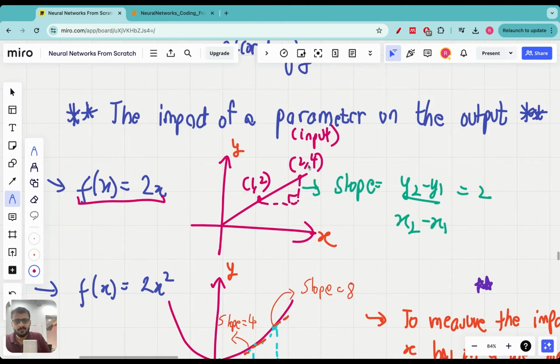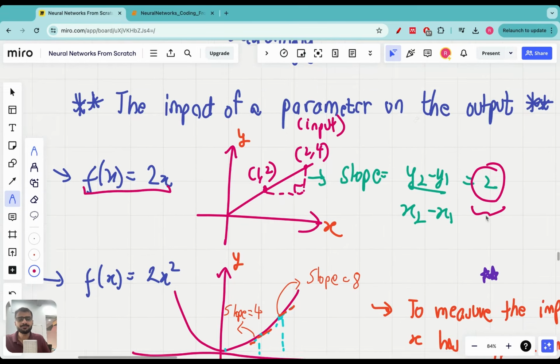So, 4 minus 2 divided by 2 minus 1, which is equal to 2. So if you find the slope of this function at any point along this line, it's constant and it will have a magnitude of 2.